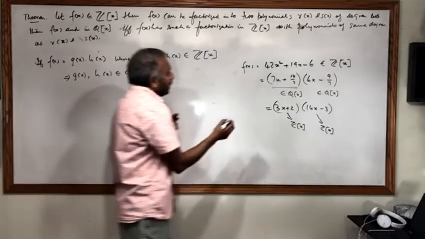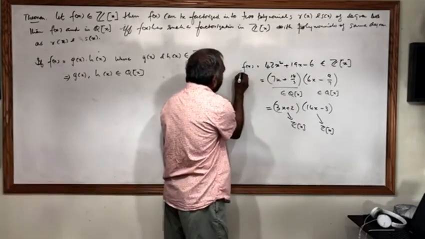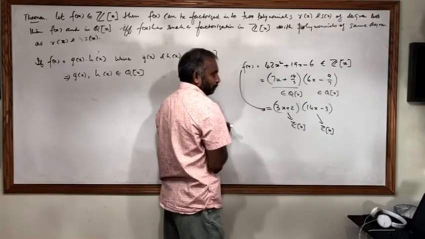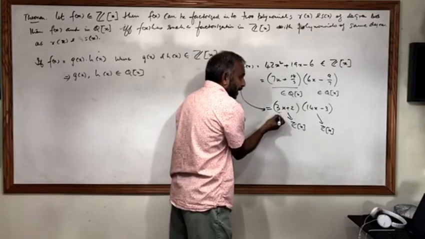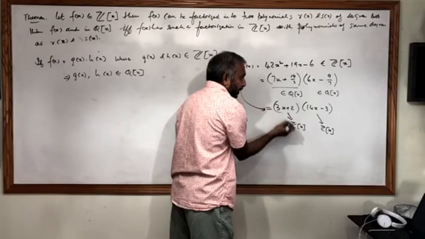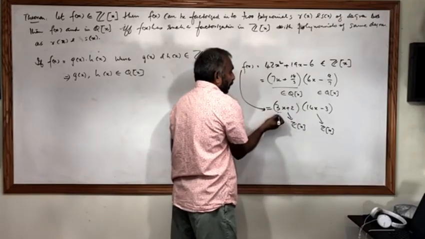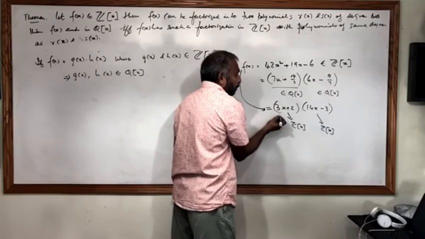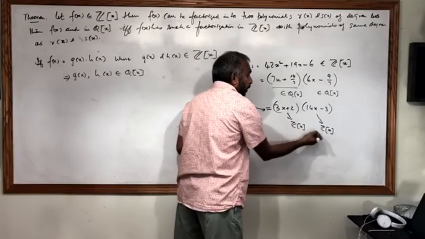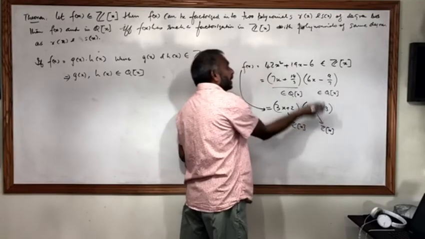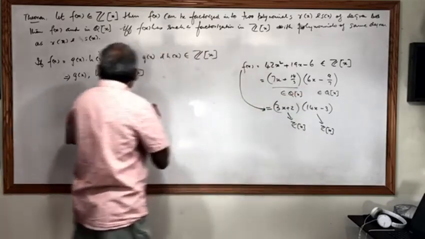Meaning, if you find this one first, this is a polynomial in Z[x], at the same time this is also a polynomial in Q[x]. So if you can find the factors in Z[x], that is automatically in Q[x], and that's what this says.